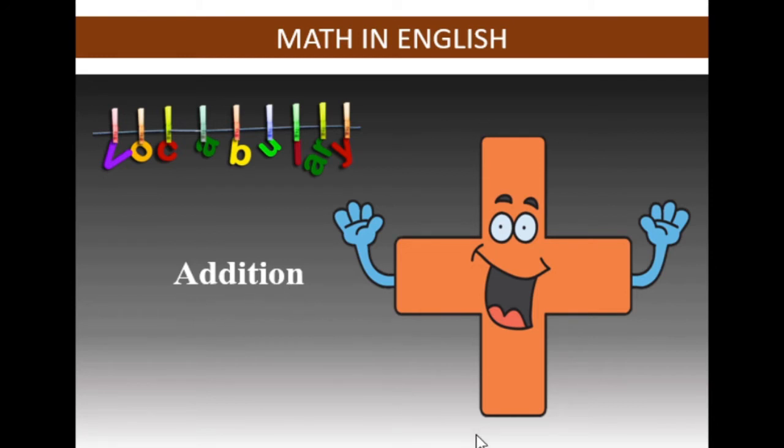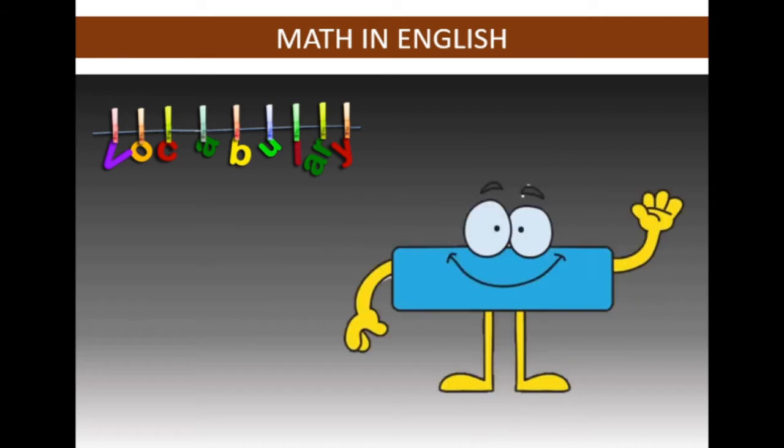Well done. Great job. Next, how about this symbol? What symbol is this? Sometimes called and associated with minus. Minus. What is it? It's called subtraction. Repeat after me. Subtraction.